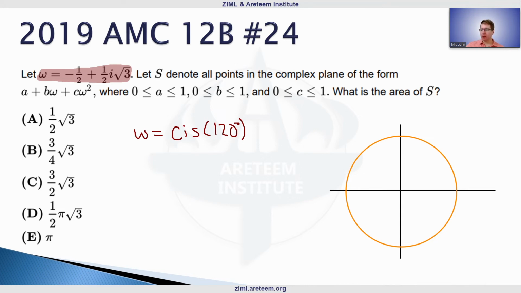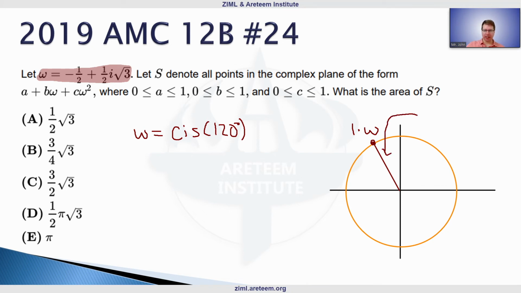Now, I want to draw out our point. So if we draw our point here, roughly at a 120-degree angle, this point right here about is going to be omega. And of course, I could write this as 1 omega. And the reason I'm doing that, and let's do this verbally, is that this line from the origin out to 1 times omega is all the values.